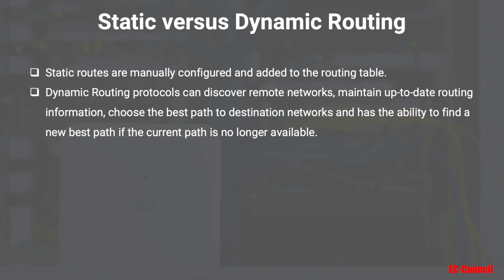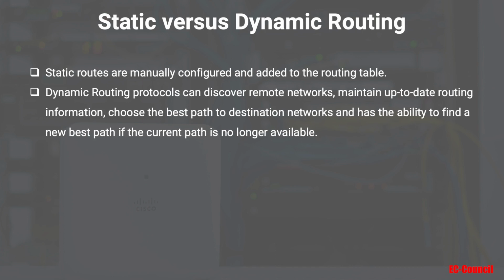With dynamic routing protocols, the router can automatically discover remote networks. It will maintain up-to-date routing information and keep an updated routing table. Dynamic routing protocols simply choose the best path to a destination network.